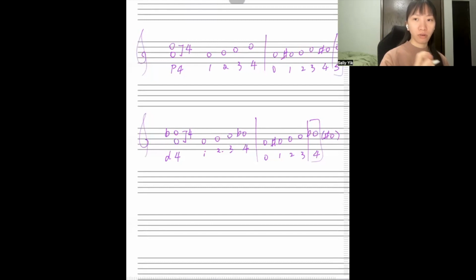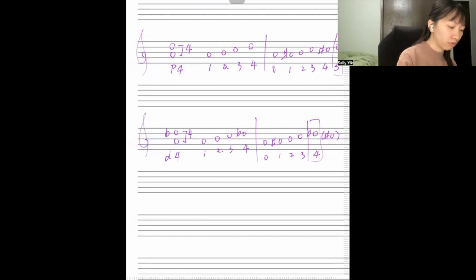So that is how we identify augmented and diminished intervals. We do it first by counting the number of steps, then we count the number of semitones. If you find that the number of semitones is one semitone smaller than a minor or a perfect interval, then you will say that is a diminished interval. And the full form to write a diminished fourth is this, and then a fourth.